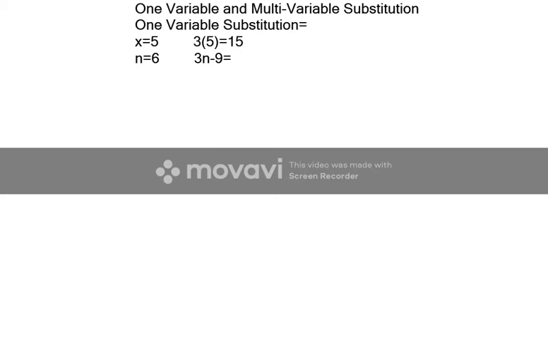So what is this equal to? Well, you just incorporate the variable. We know that n is equal to 6, so we take the 6 and place it into the equation minus 9. So what is 3 times 6? That's 18, minus 9. 18 minus 9 is 9. So our final answer will be 9. It's another very simple one. Let's make it a little bit harder.